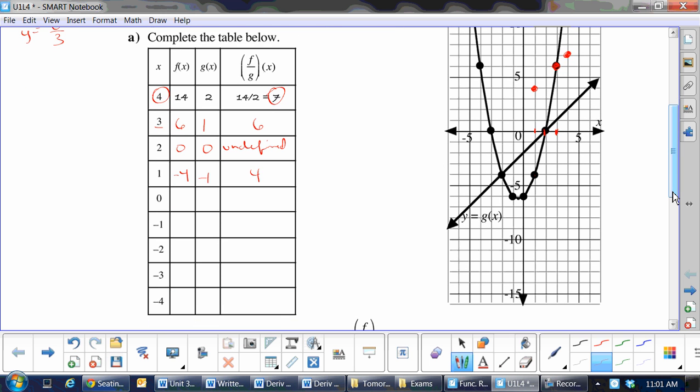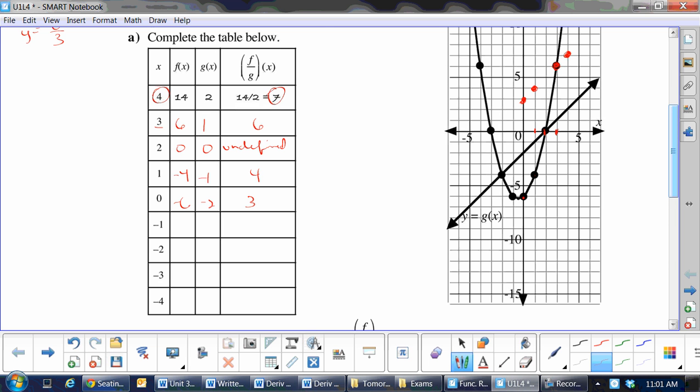Let's do 0. At 0, make sure not to get your graphs mixed up, because it's easy to do g of x divided by f of x. We still have to put f first. So that is negative 6 divided by negative 2, and I get the answer 3. So that would be right there.